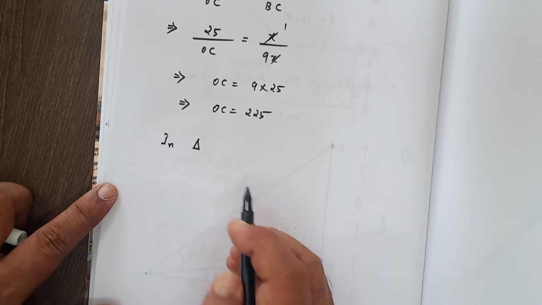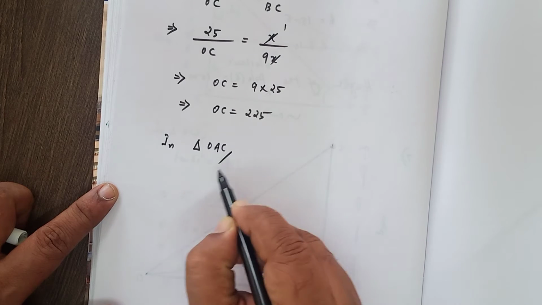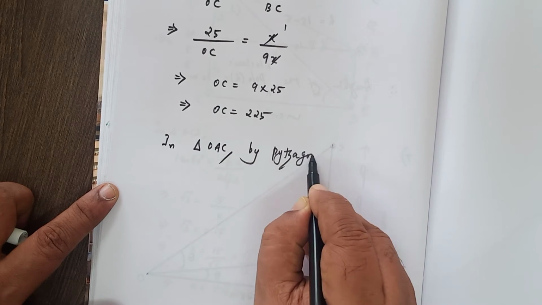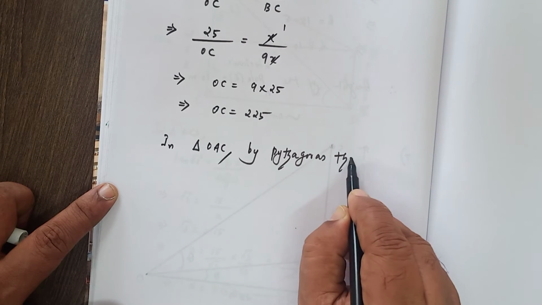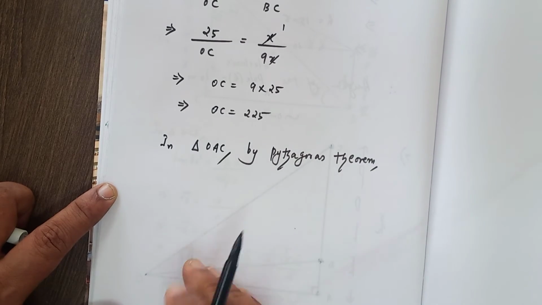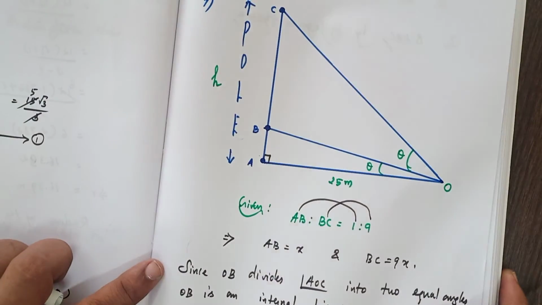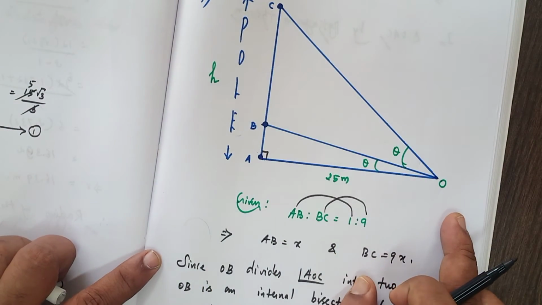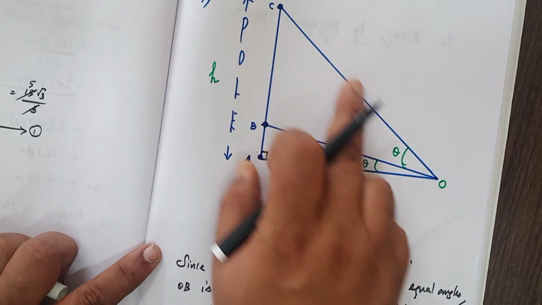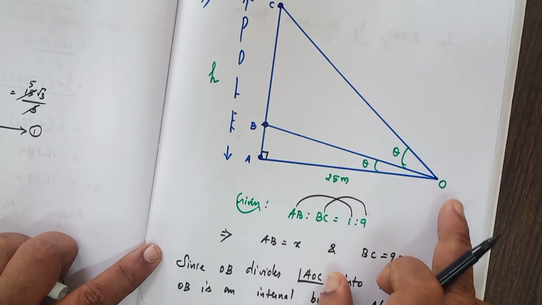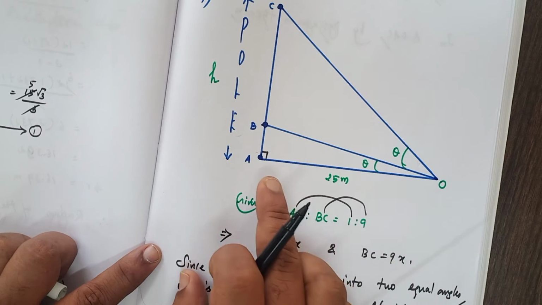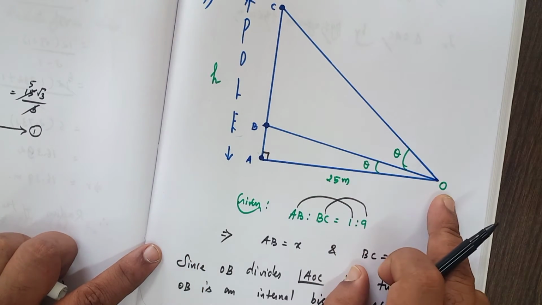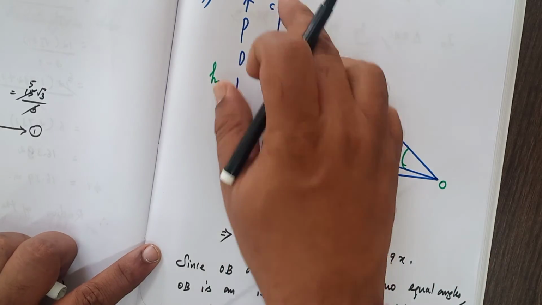by Pythagoras theorem, OA square plus AC square is equal to OC square. Square of the hypotenuse equals the sum of the squares of the other two sides. OC square equals OA square plus AC square.